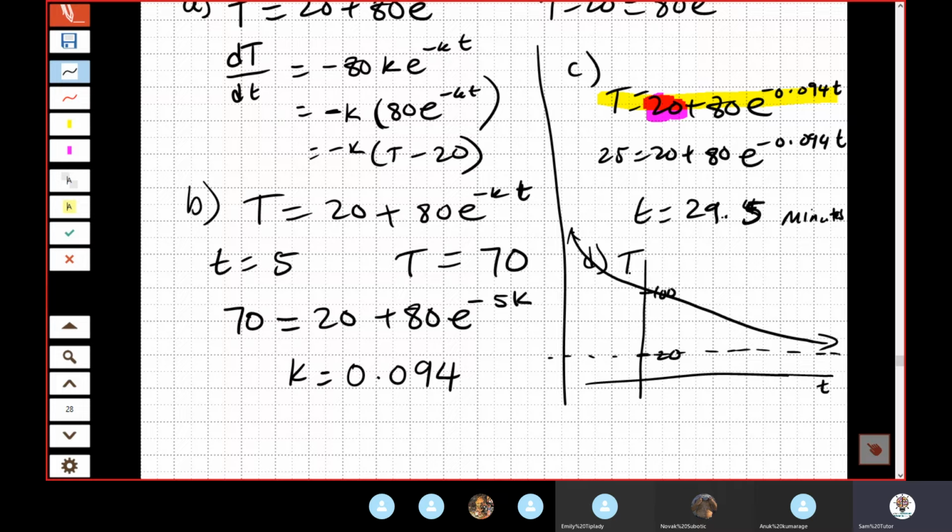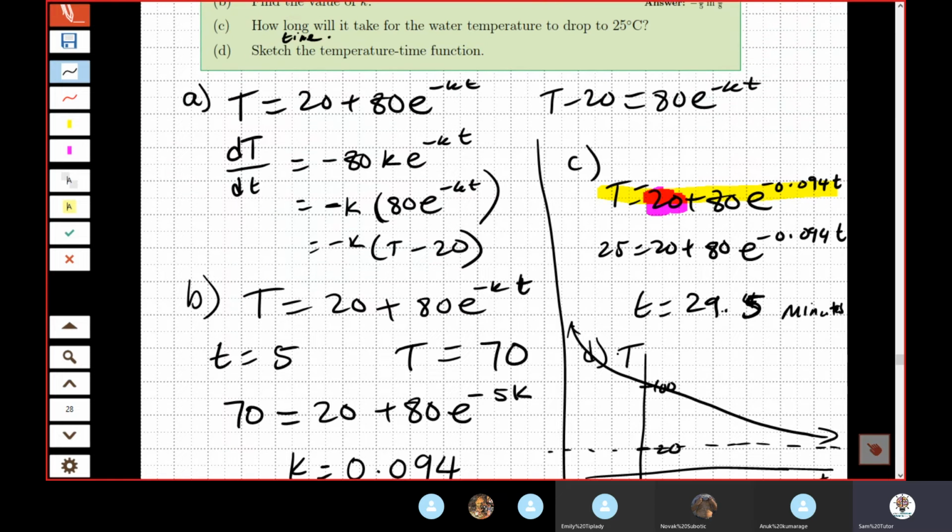You're actually seeing it happen graphically as well, because of your asymptote. It's approaching 20 degrees. And you can't go below 20 degrees, obviously. That makes sense, doesn't it?